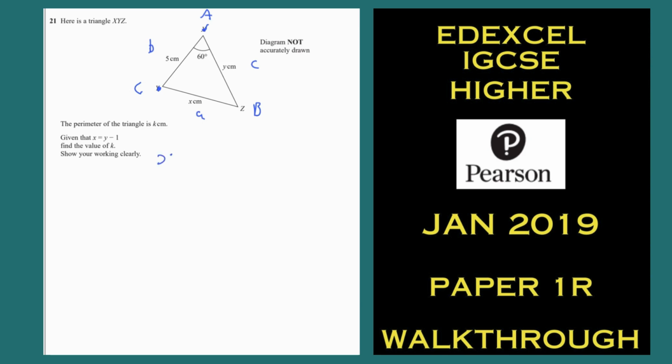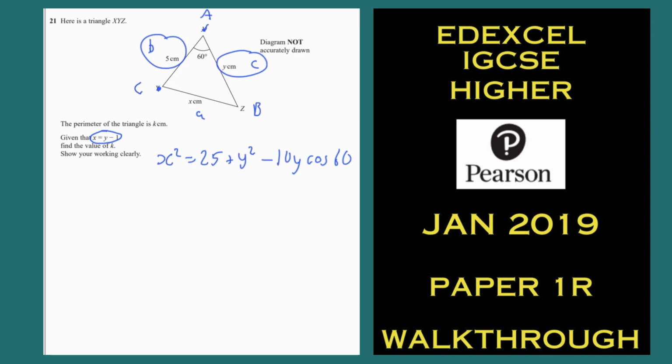So that's x squared equals b squared. That's 25 plus c squared. Don't know it. So that's just a y squared minus 2bc. 2 times 5 times y is 10y cos a. So that's cos 60.